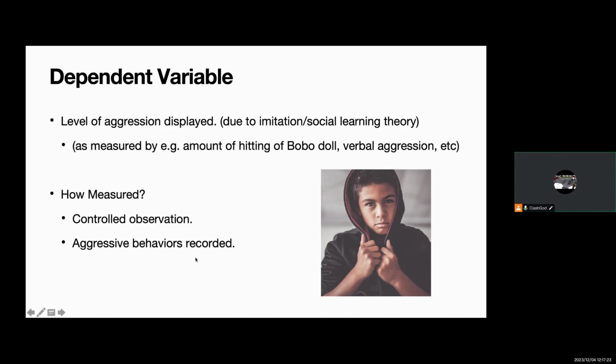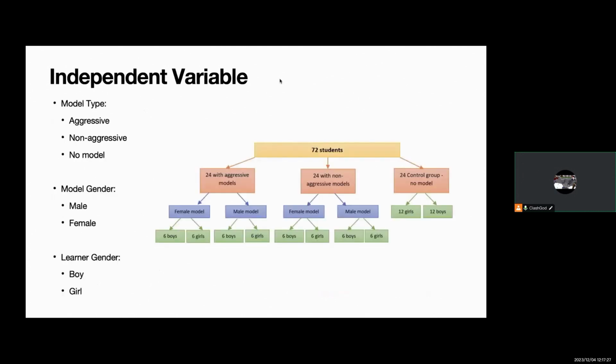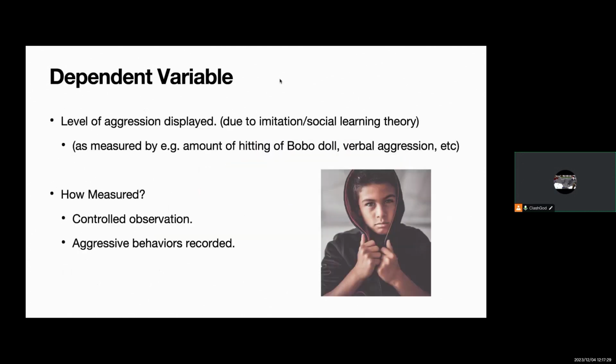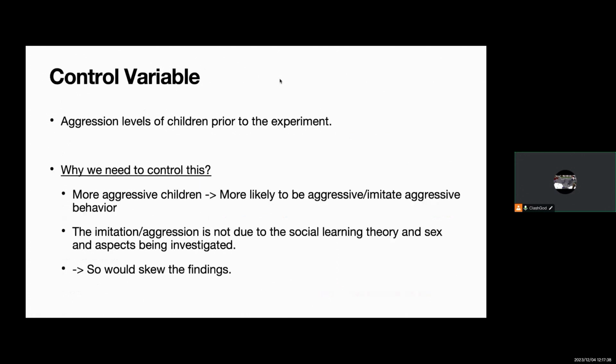And aggressive behaviors reported. So not a lot of things you need to know in the independent and dependent variable section. It's not that important, but you should know this because it follows the central thread of the study.